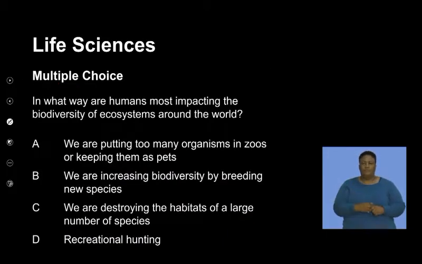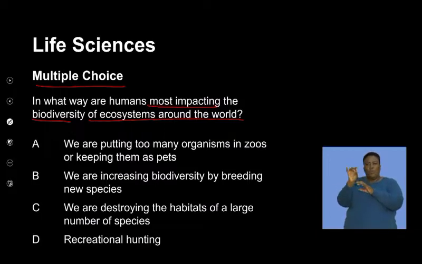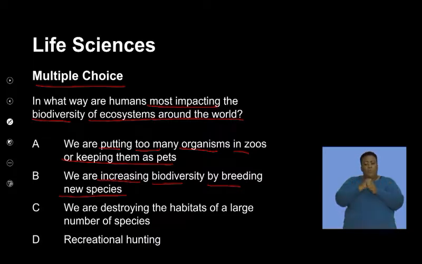As an introduction, we always look at a multiple choice question. So here we go. In what way are humans most impacting on the biodiversity of an ecosystem around the world? The options are: A, we are putting too many organisms in zoos or keeping them as pets. B, we are increasing biodiversity by breeding new species.